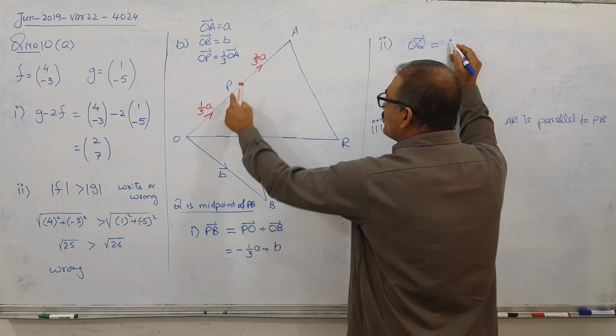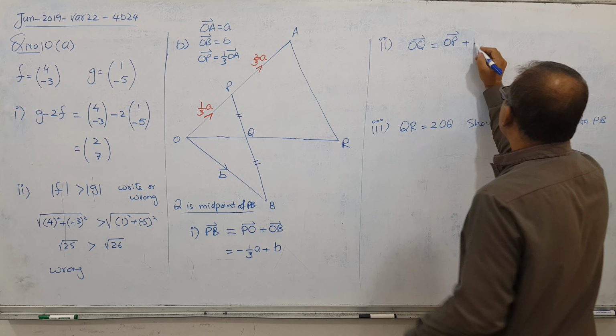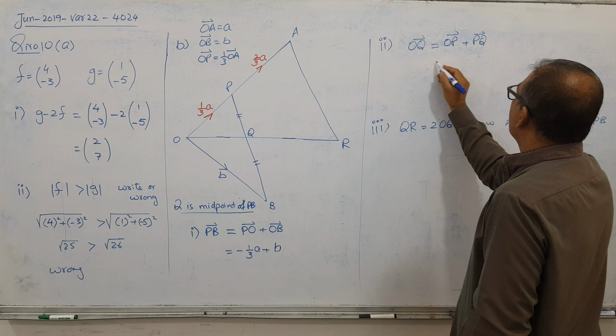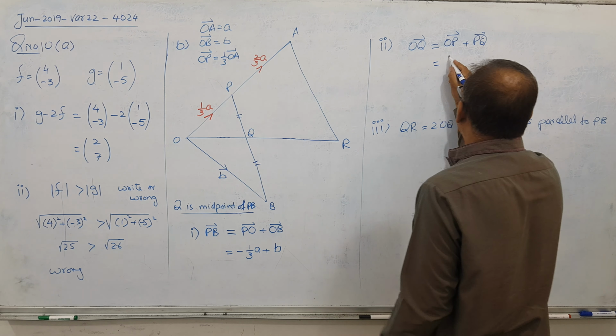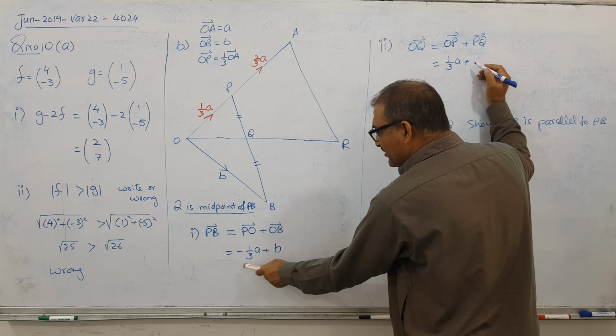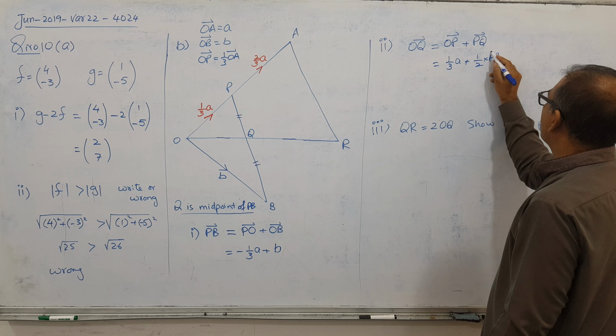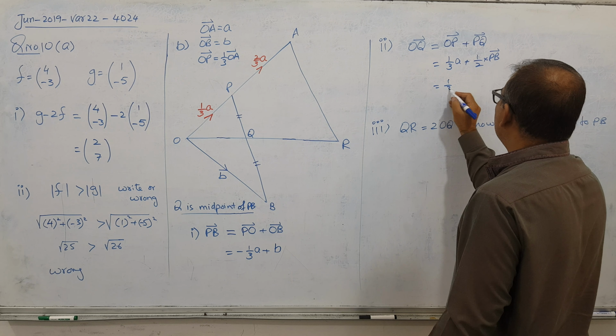O to Q is O to P plus P to Q. O to P is 1/3 of A, and P to Q is half of this one. I'm writing here, half times 2PB. Now I'll just expand it.